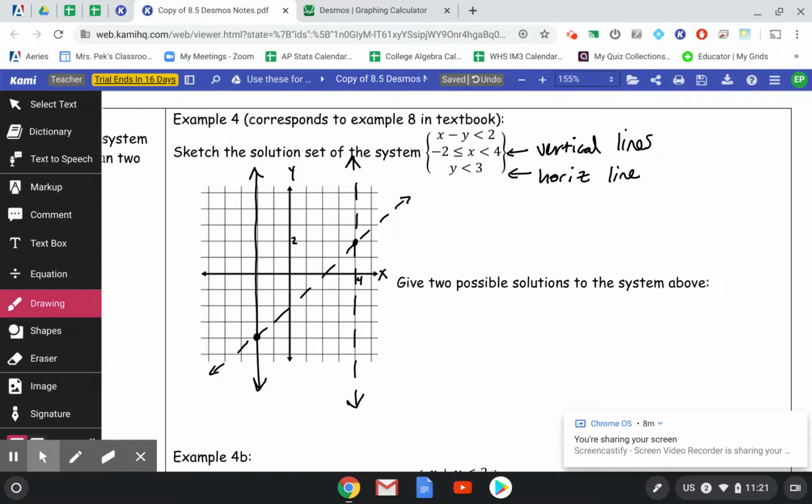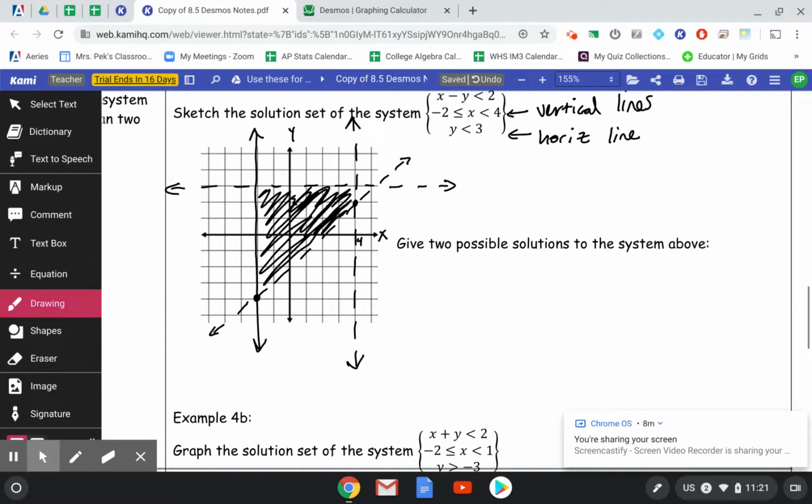And then y is less than 3, so that's going to be a dashed line up at y at 3. And then my overlapping shaded region was in here.